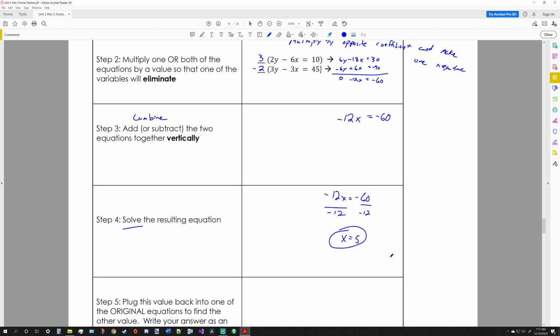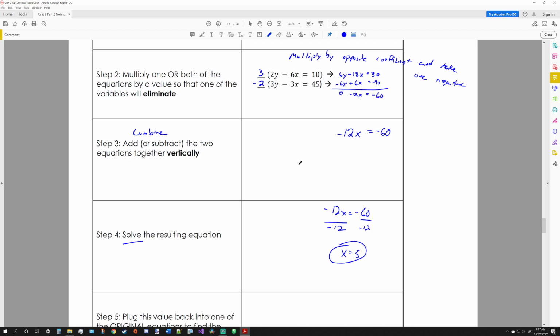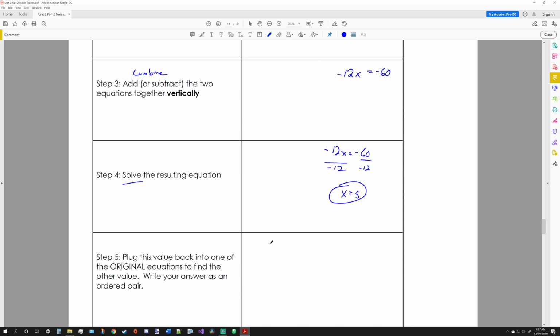But just like last class, once I find x, I now have to figure out what my y value is. So I plug that back into one of my equations. I'll just go ahead and take the first one. So 2y minus 6x equals 10. I know x is 5, so I plug that in for x.